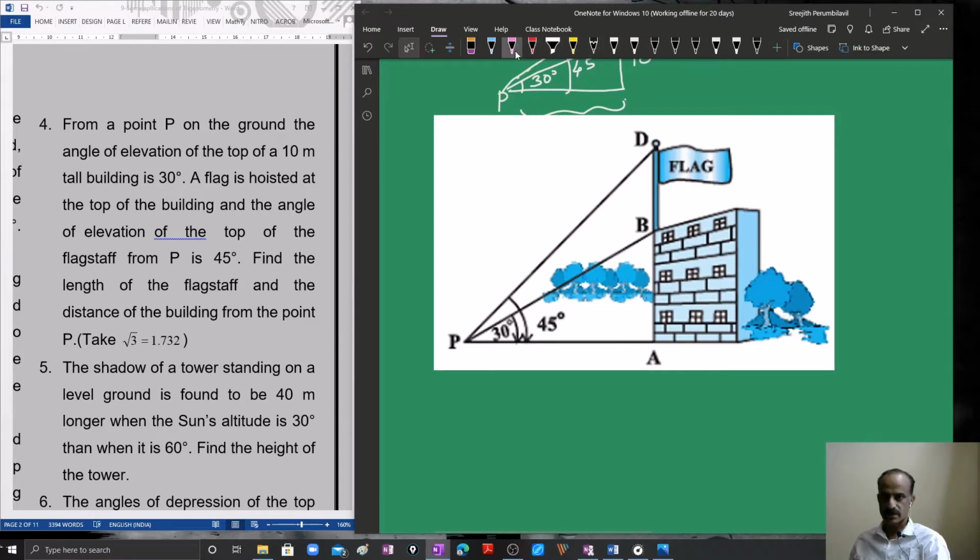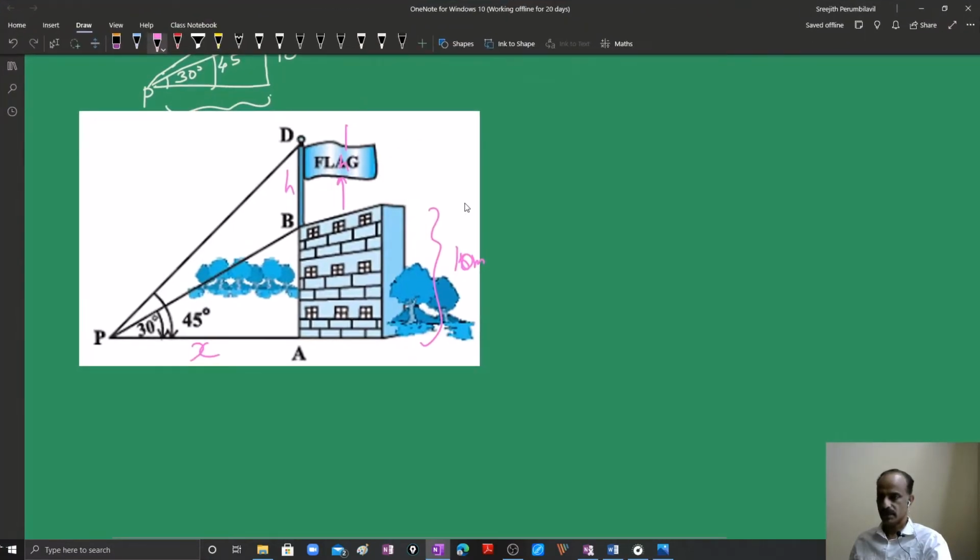We will take the height of the flagstaff as h, and we also have to find the distance between the building and the point of observation.